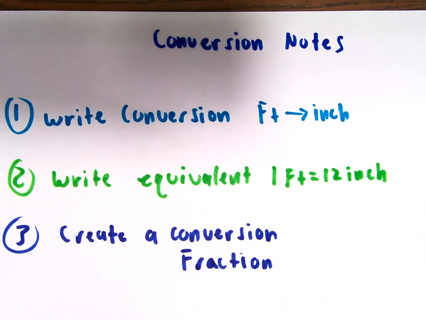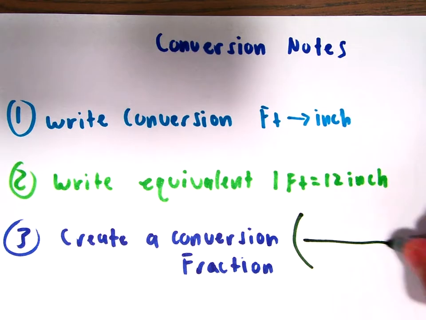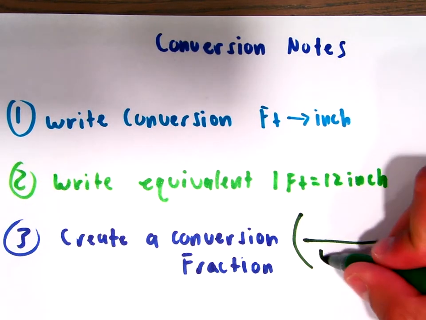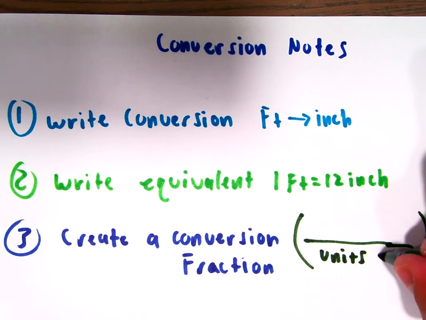Like any fraction, we're going to have something in the bottom and something on the top. On the bottom, we're going to have the units that we want to eliminate.